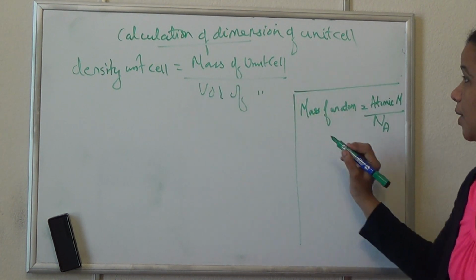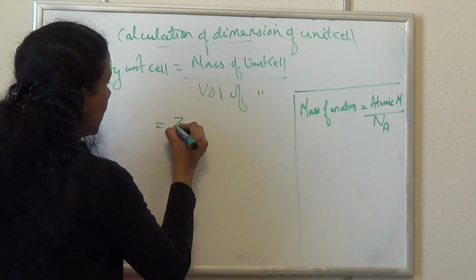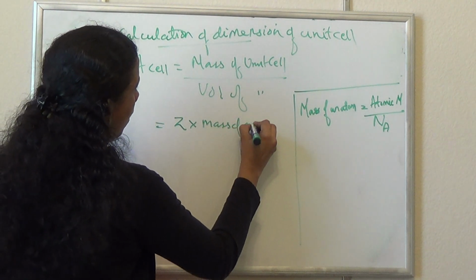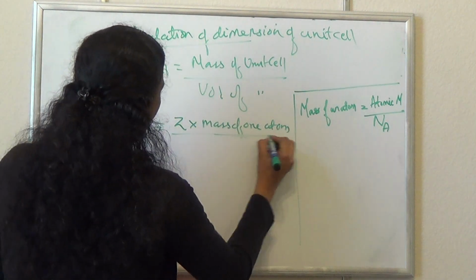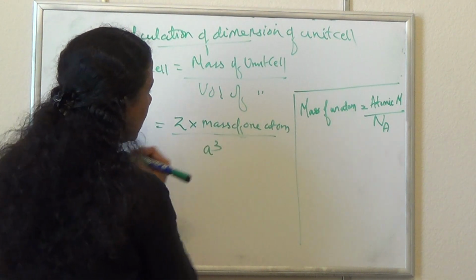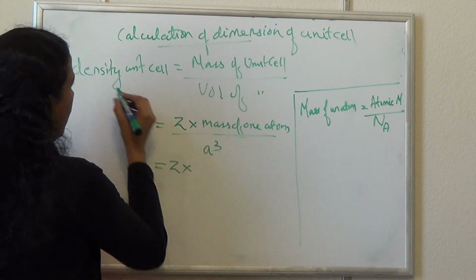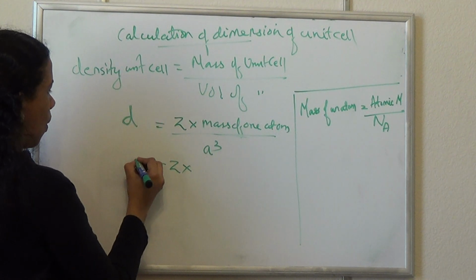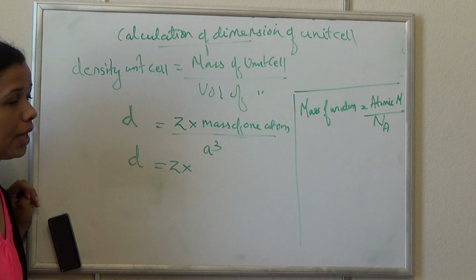Then what will you get as the total mass of unit cell? Mass of unit cell is equal to Z into mass of one atom, divided by volume. Volume of unit cell is a cube. Here we are using small d for density.